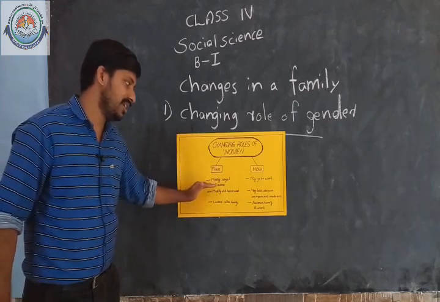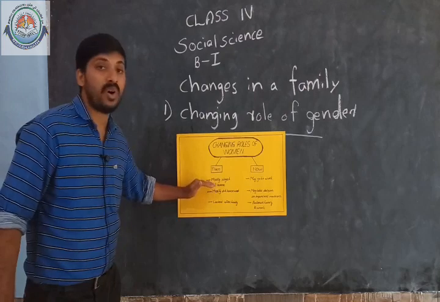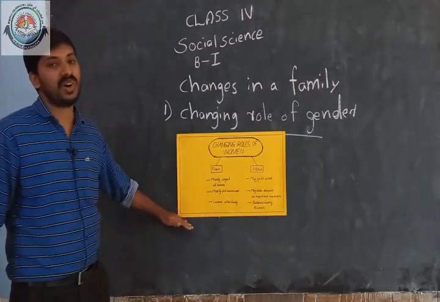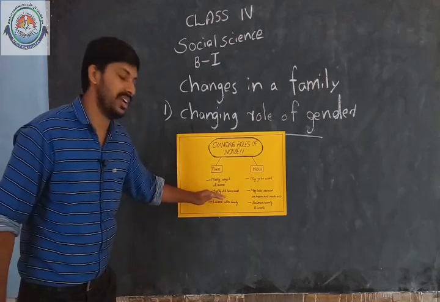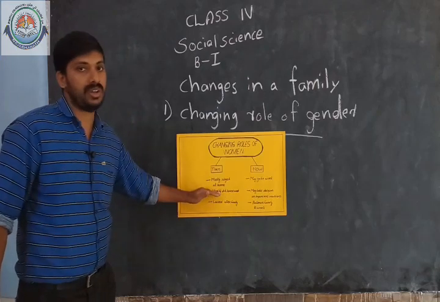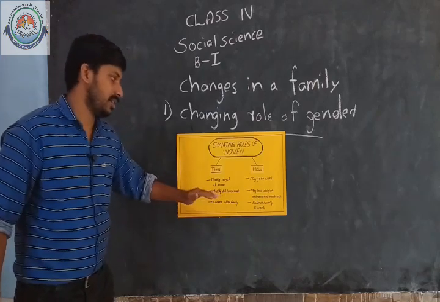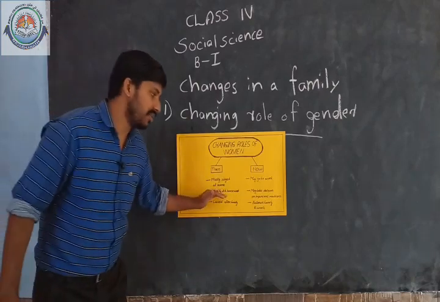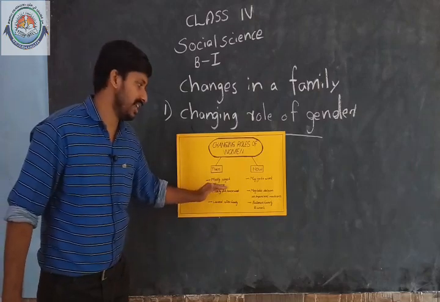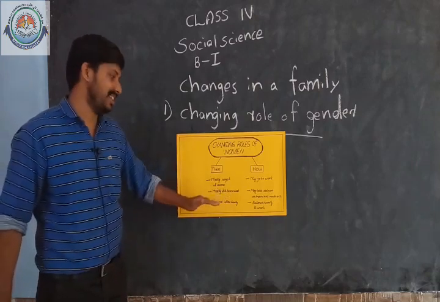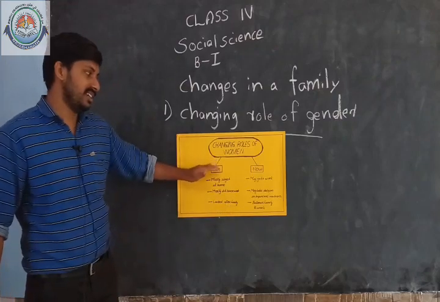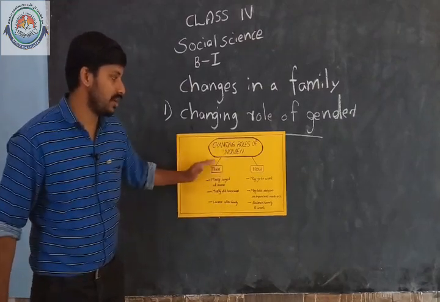They mostly did housework, no other work, no job. They looked after children, husbands and parents, and made food for them. They did housekeeping and looked after the whole family. This is the earlier role of woman.